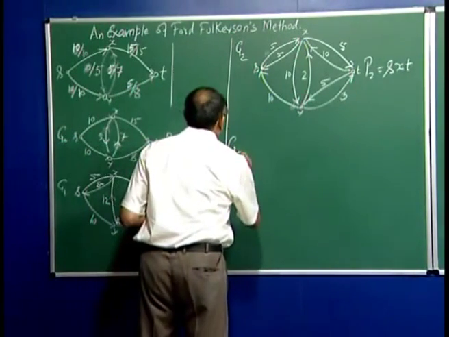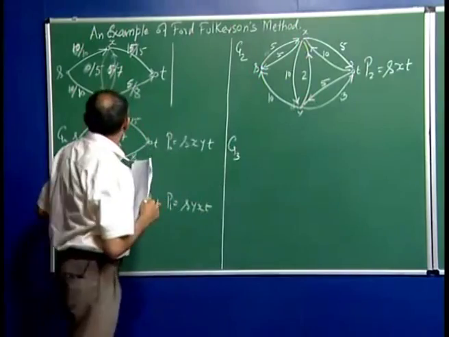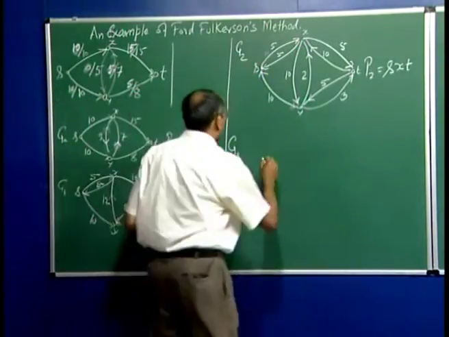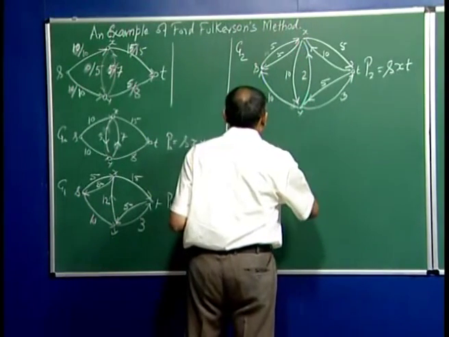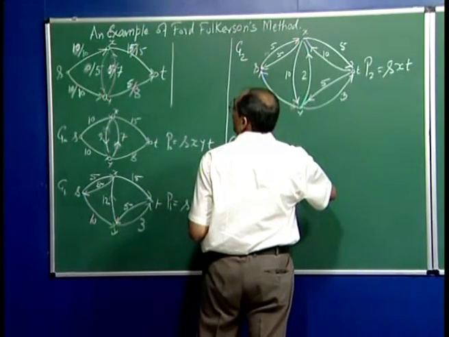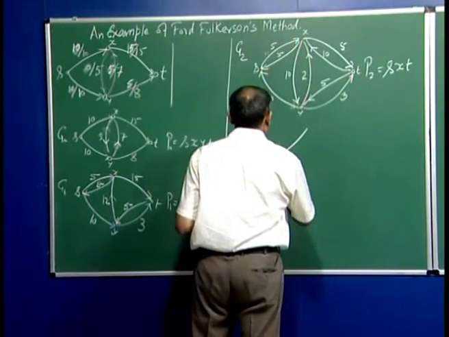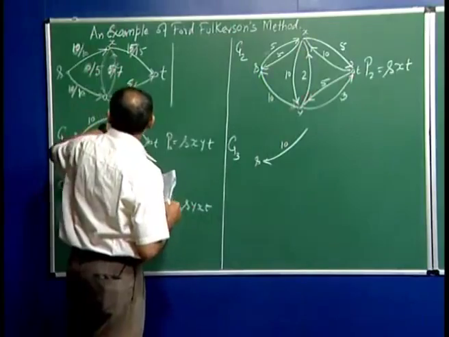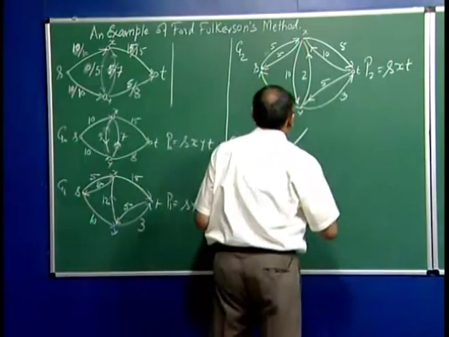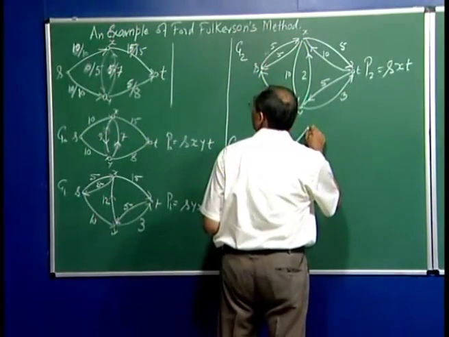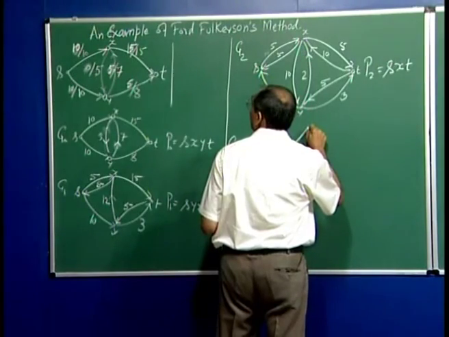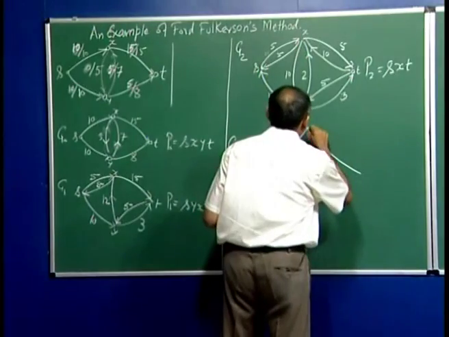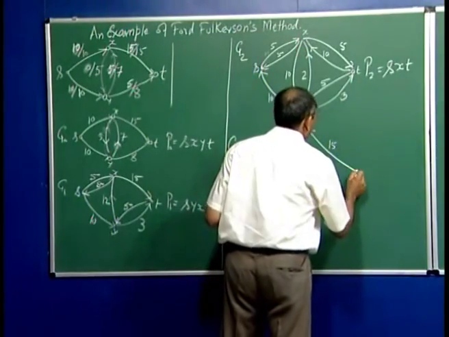And the residual graph for this flow, we have a saturated edge from here to here. So there is a reverse edge of 10 capacity and this is also saturated. So we have a reverse edge of 15.